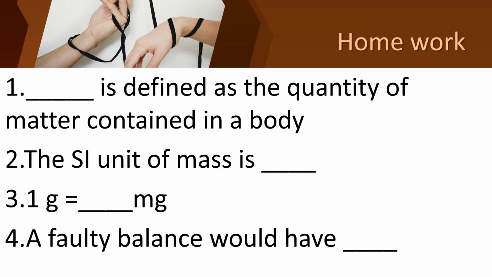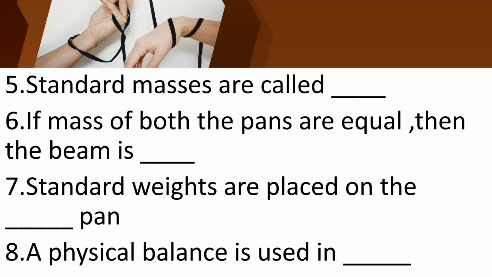Children, have you all written the questions? And fifth question, standard masses are called dash. And then sixth one, if mass of both the pans are equal, then the beam is dash. The beam is horizontal. Write it.